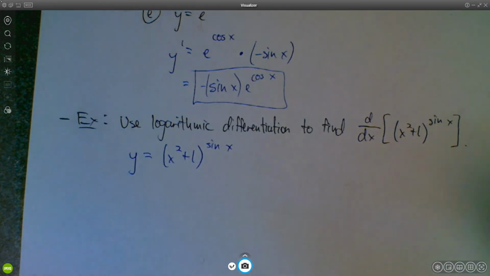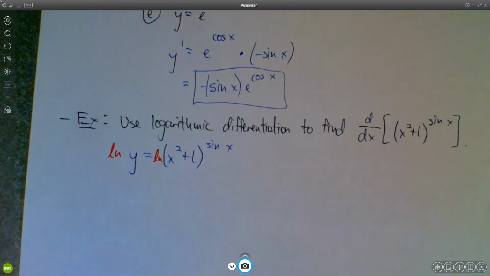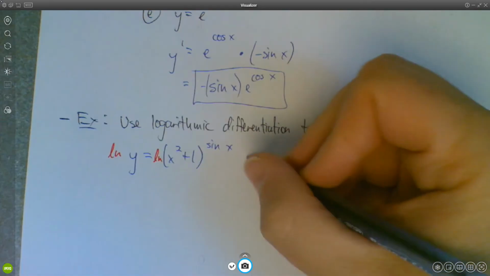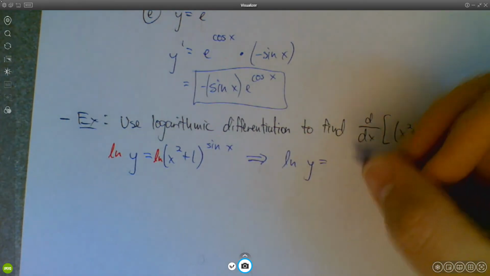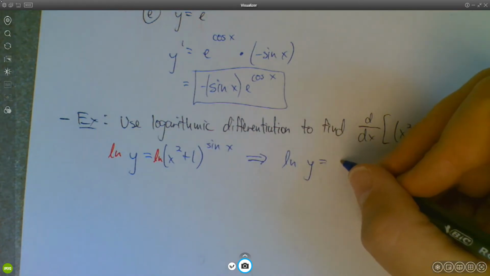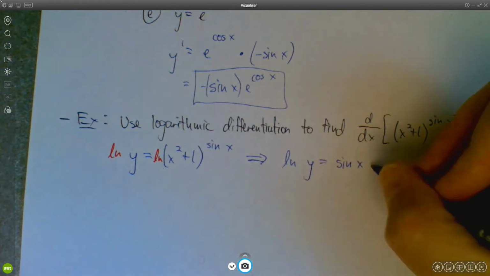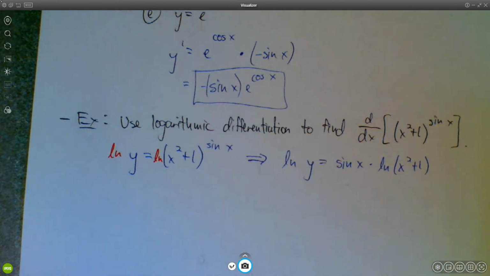Then I can take the natural log of both sides, and I get natural log of y. Taking the logarithm allows me to pull the exponent down. So I can say this equals sine x times natural log of x squared plus 1.